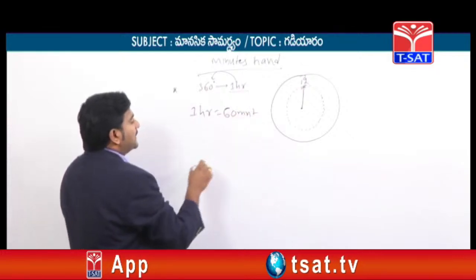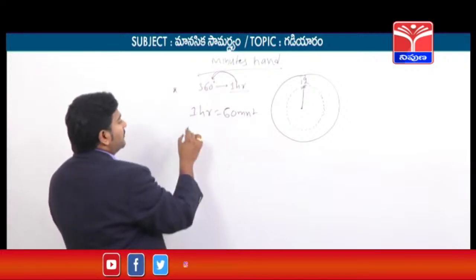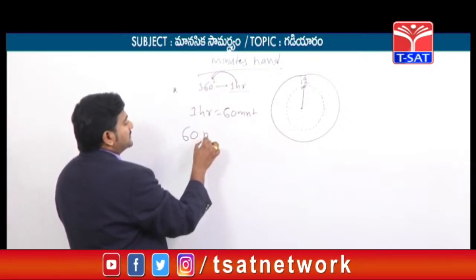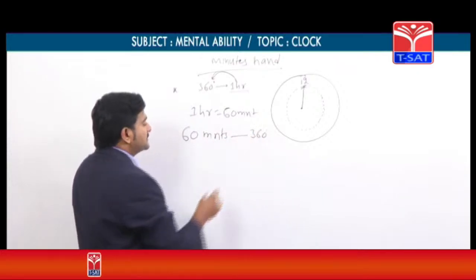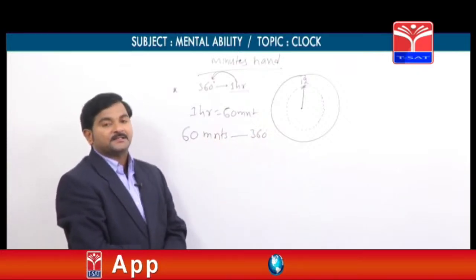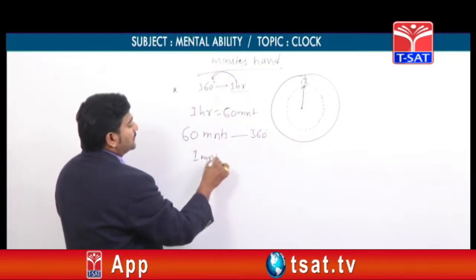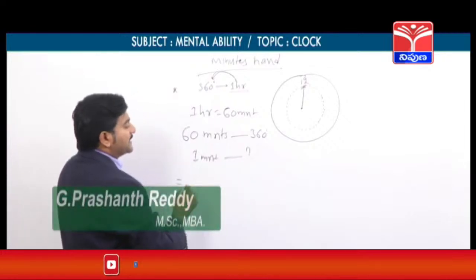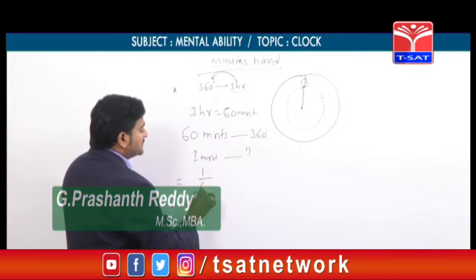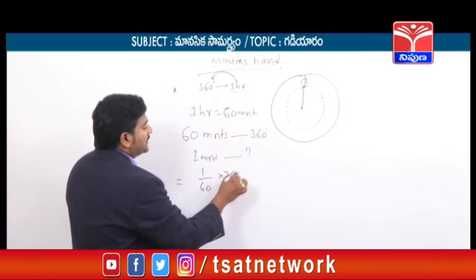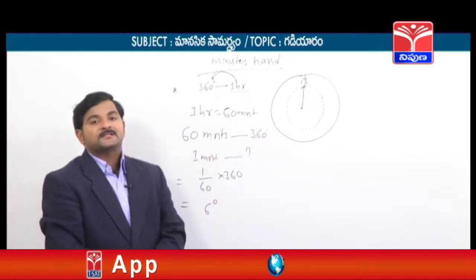If the minute's hand makes 360 degrees in 1 hour, it makes 360 degrees in only 60 minutes. So for 1 minute, how much? A simple mathematical calculation: 1 by 60 into 360. If you simplify this, how much do you get, my students? This is equal to 6 degrees.